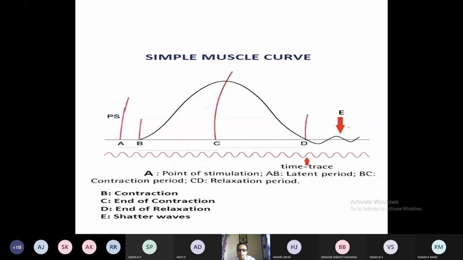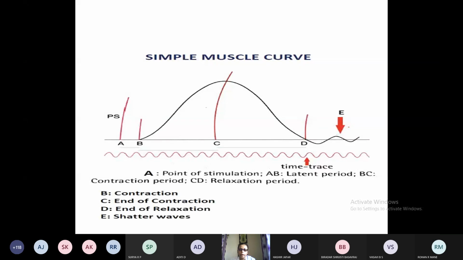Later, if you count the relaxation period, count here. 1, 2, 3, 4, 5, 6. I am getting 6 wavelengths, 6 curves, from the point C to D. So the relaxation period is almost 0.06 seconds. Now you can compare. For any muscle, relaxation takes more time than contraction.